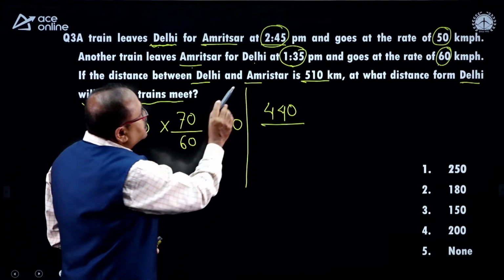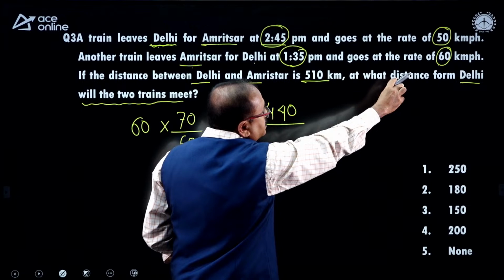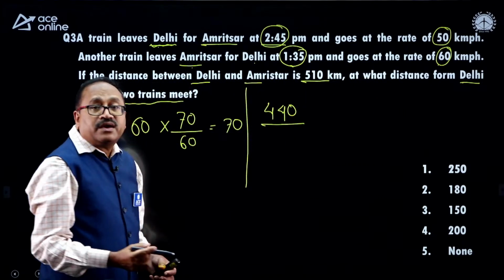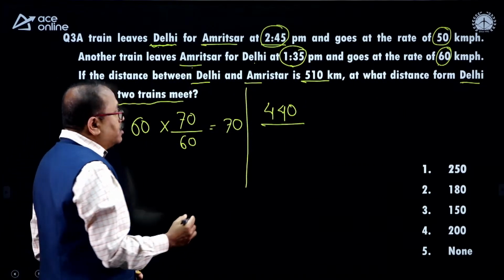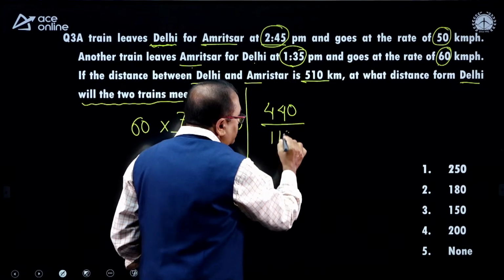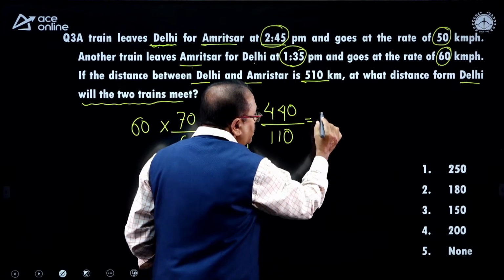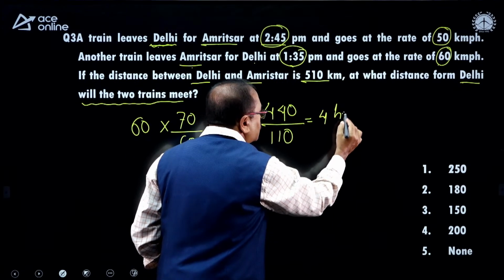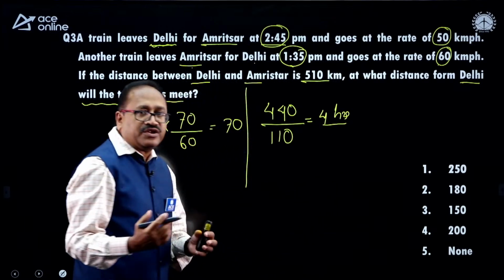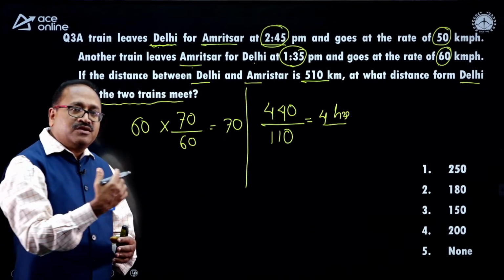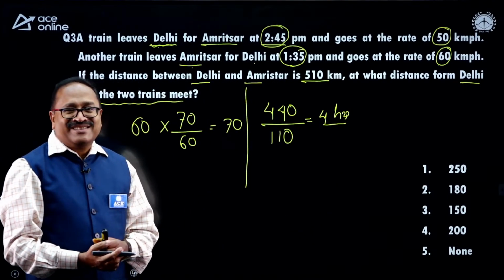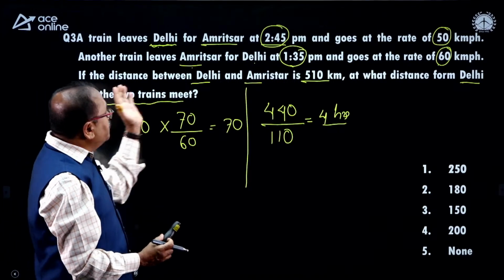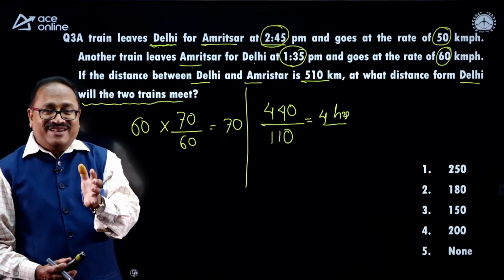The relative speed is 50 km plus 60 km, that comes to 110 km per hour. When I divide by 110 km per hour, it takes 4 hours for them to meet. But the question is not what time they will meet. The question is how far from Delhi they will meet.